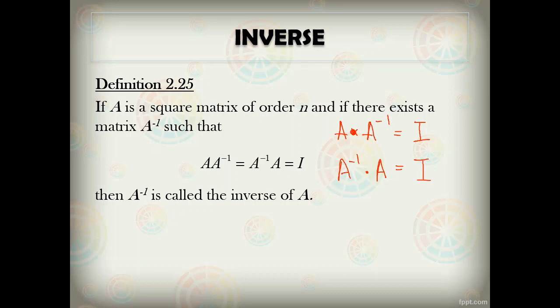Then A minus 1 is called the inverse of matrix A. A multiplied with its inverse will produce the identity matrix.